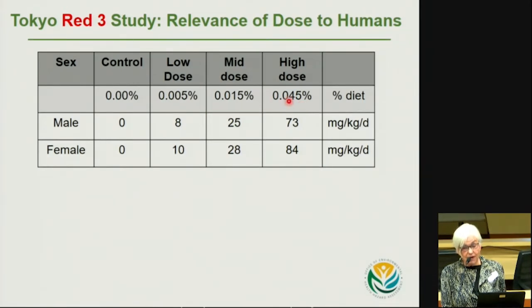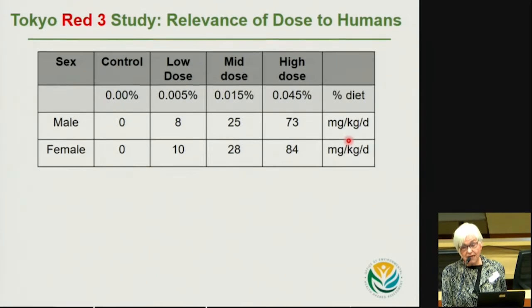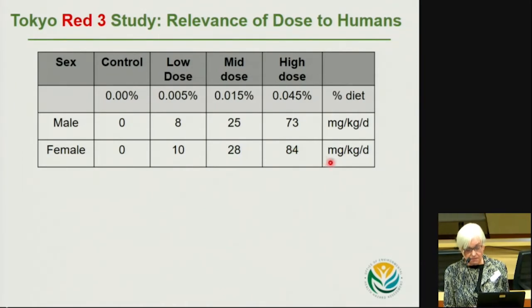So this is a weight for weight, how much dye per total amount of diet. And this is the actual intake of the animals in milligrams per kilogram per day. This is the same measure that is used for the ADI. So acceptable daily intake is given in milligrams per kilogram per day. And so this is the amount that the animals ingested of the dye.